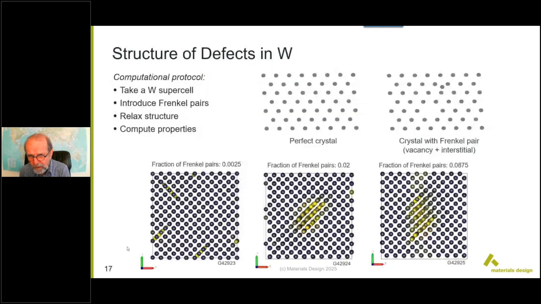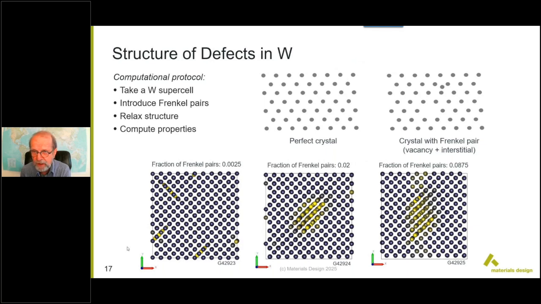So if we now look closer and ask the question, well, we have transformed the material, we've induced defects. How do these defects change the material's properties? And in order to do that, we have done the following simulations. We've created Frenkel pairs of increasing concentration.